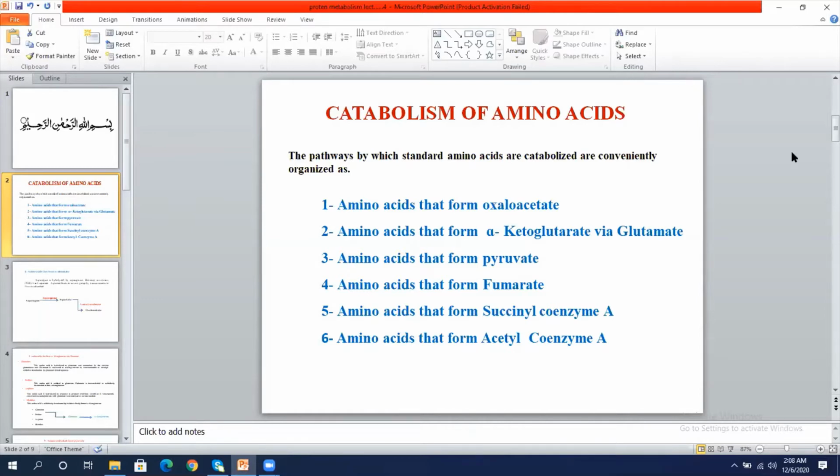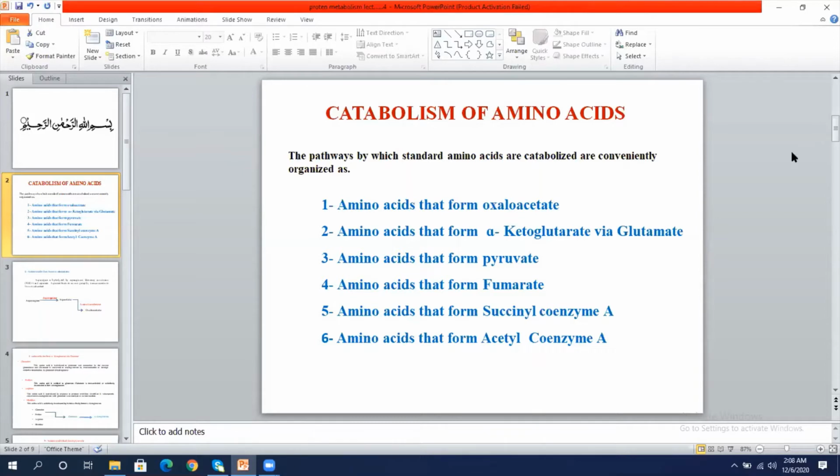The fourth way, amino acids form fumarate. In the fifth class, amino acids form succinyl coenzyme A by different metabolic pathways with the action of different types of enzymes.